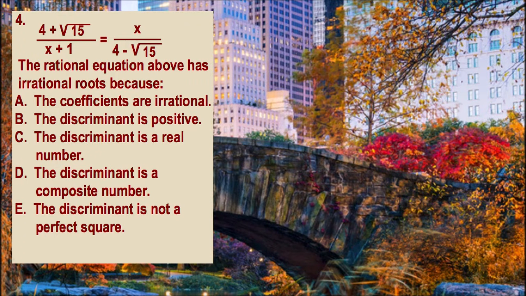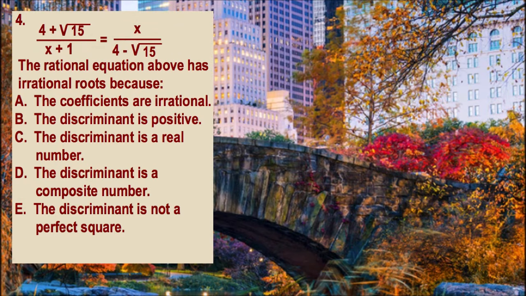Question 4. 4 plus root 15, everything over x plus 1, equals x divided by 4 minus root 15.